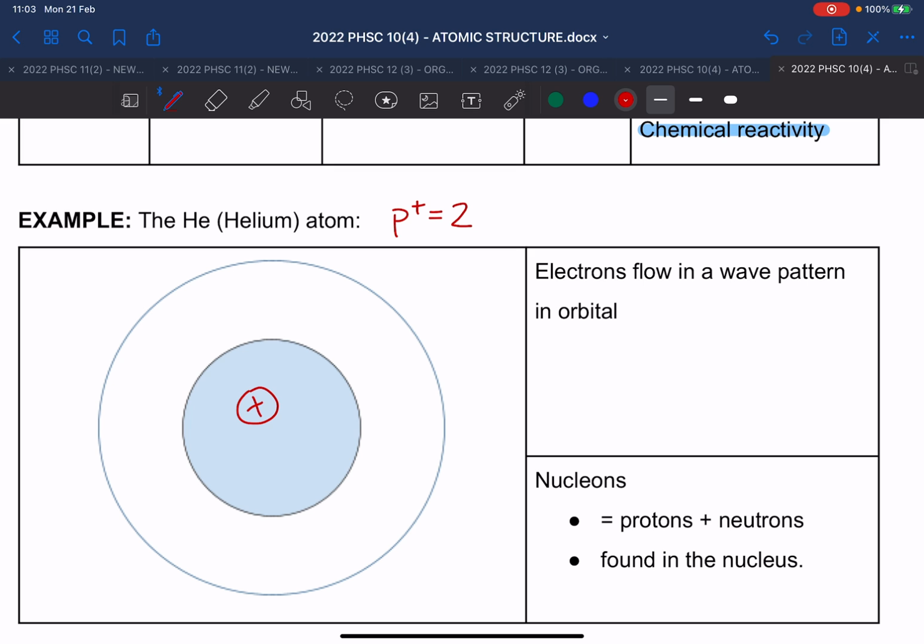The protons you find in the nucleus. How many electrons will a neutral helium have? The same as the number of protons. So the electrons we find in the orbitals, and you can see I draw them as far away from each other as possible because negative and negative repel.